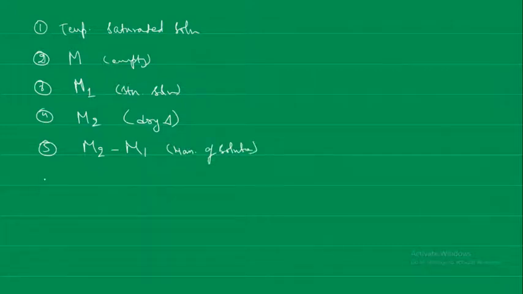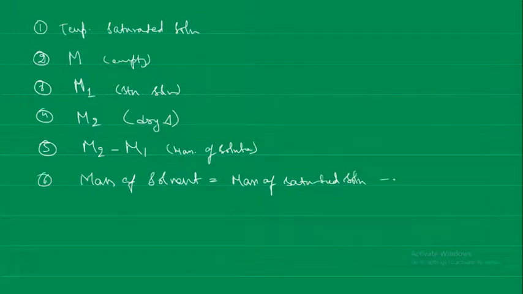Now, what is the mass of the solvent? Mass of solvent is nothing but the mass of the saturated solution minus the mass of the solute.